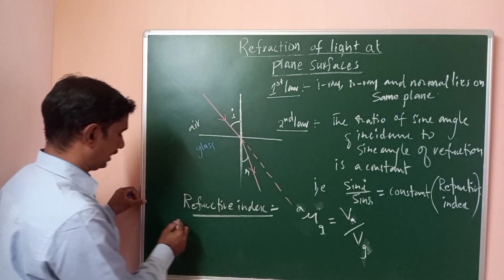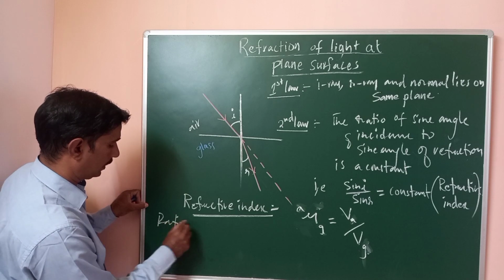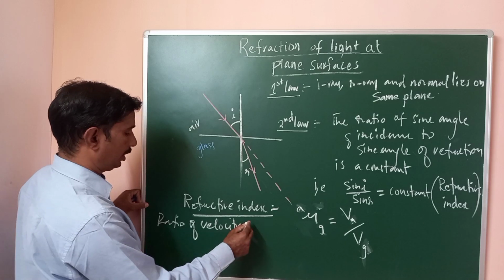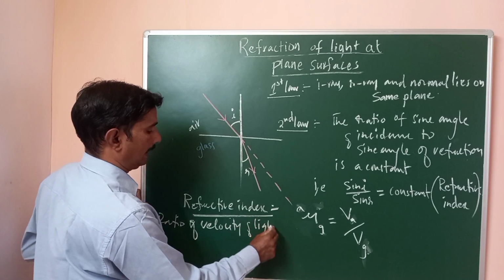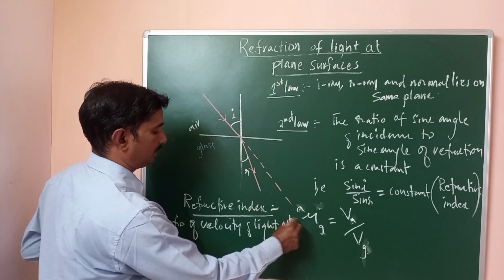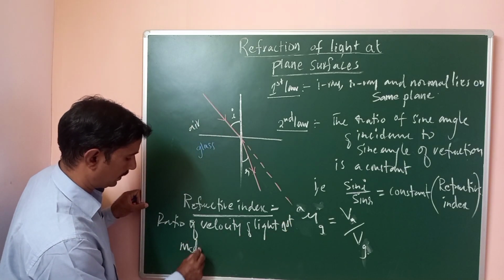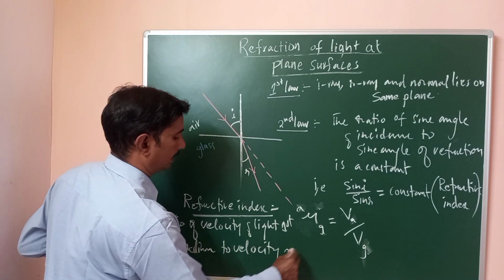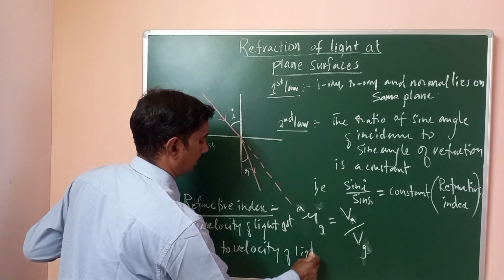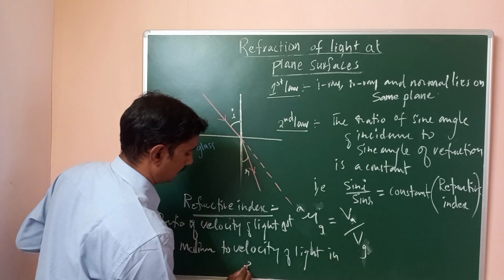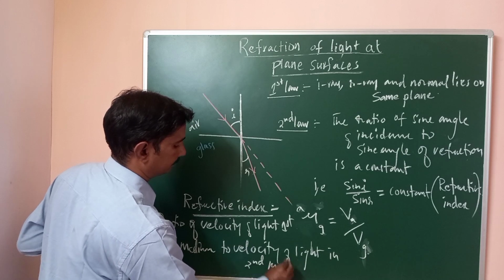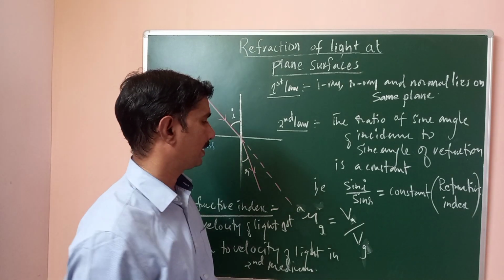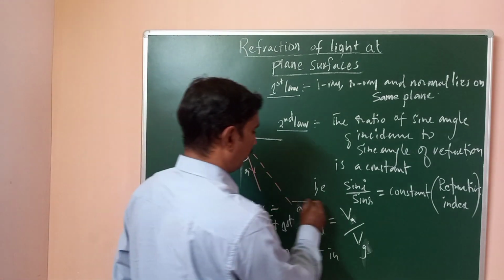Here refractive index is nothing but the ratio of velocity of light in the first medium to velocity of light in the second medium. This is the formula for refractive index.